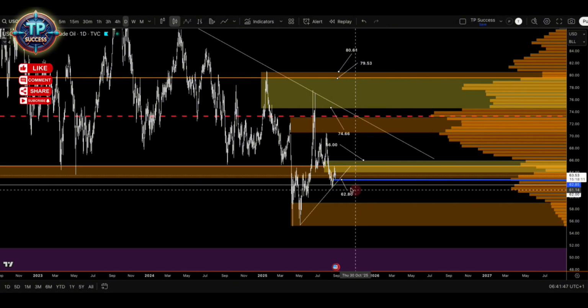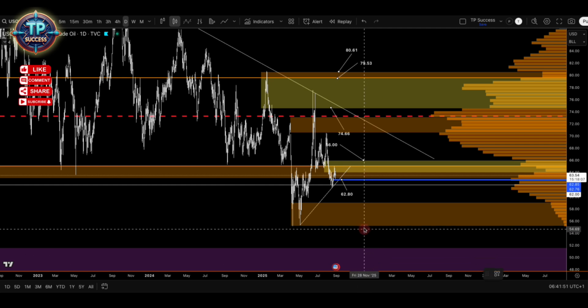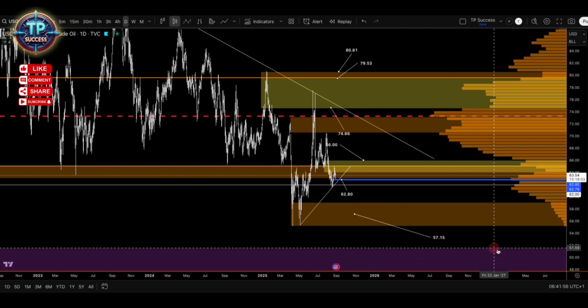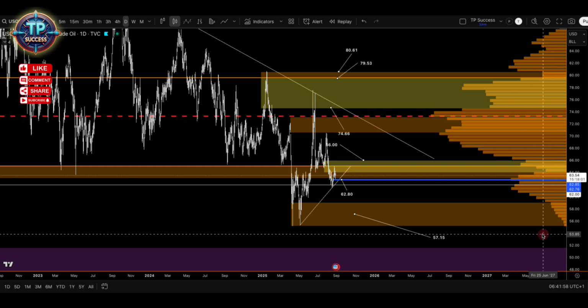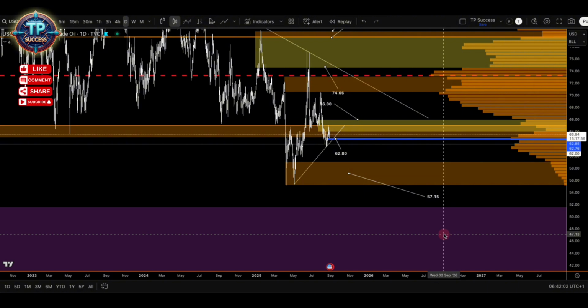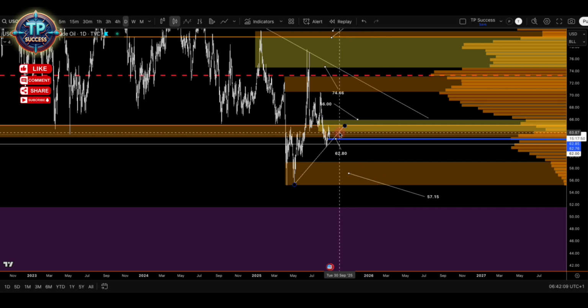Anything below that, we're looking for sells. And the sells, we want to ride it down to say about here. It could go lower into the purple zone that I've got highlighted. And that purple zone, those are just straight buying locations, right? So that's the vibe that I'm going off.